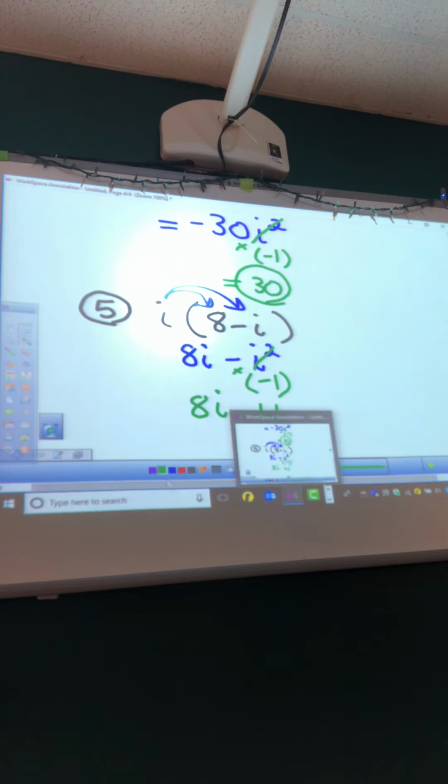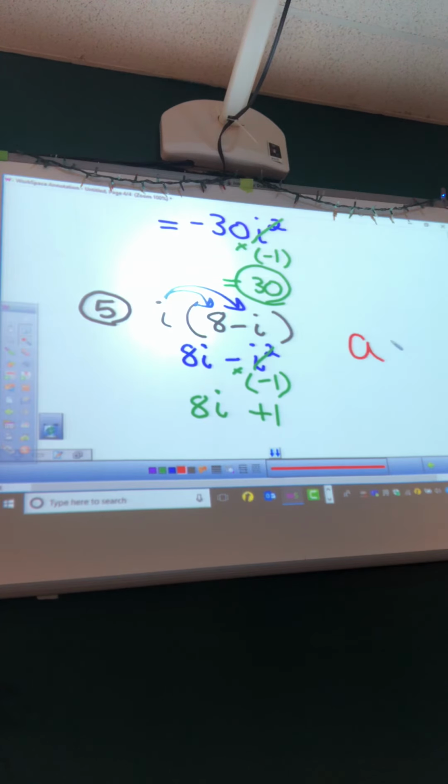Now, whoever invented these complex numbers, they always want it real plus or minus the imaginary. So not that this is wrong, but it would be more correct to start with the real part, and which one's real? The 8i or the 1? Very good. A 1 plus 8i would be more correct.